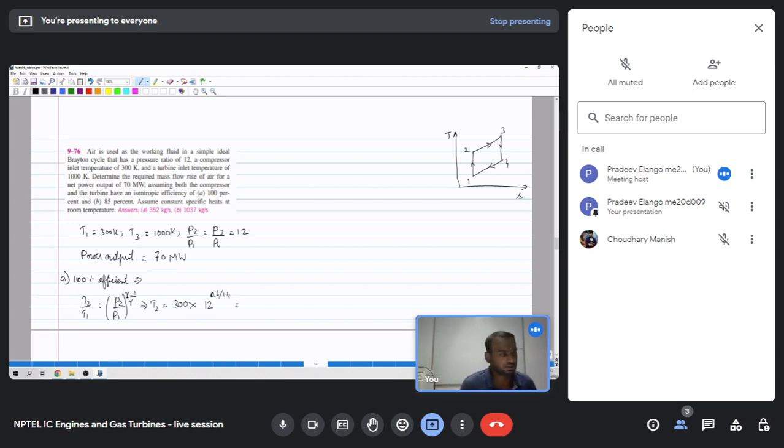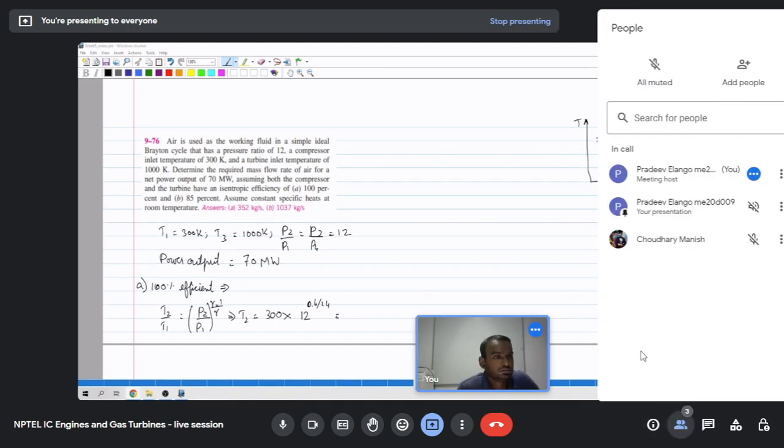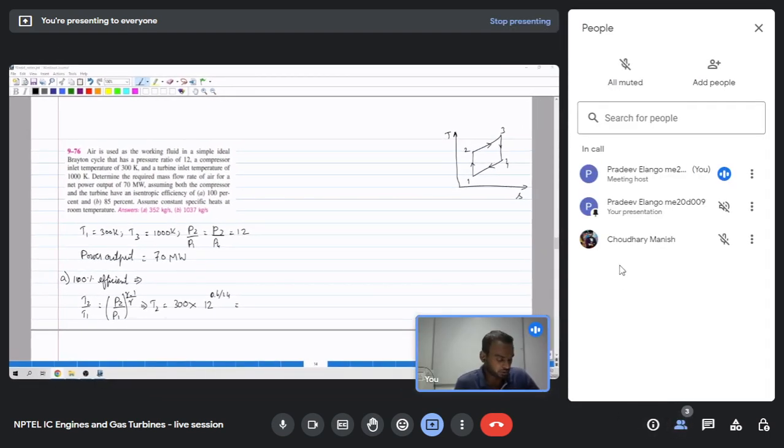Can you tell what is the value of T2? Chandramanish, if you are also solving along with me, can you tell this value?